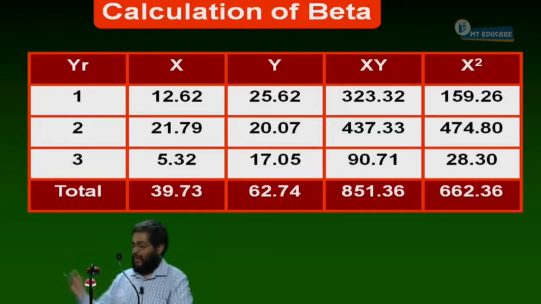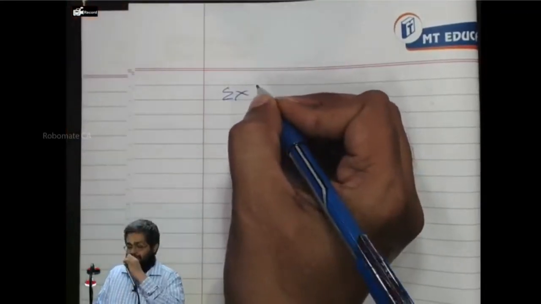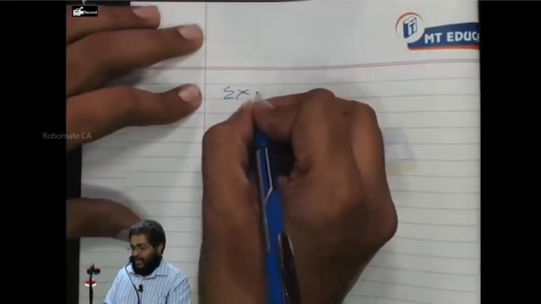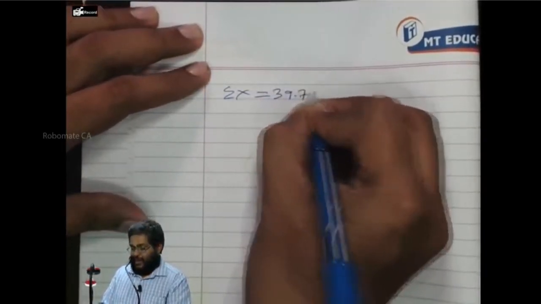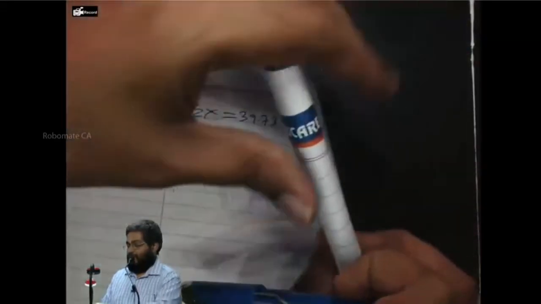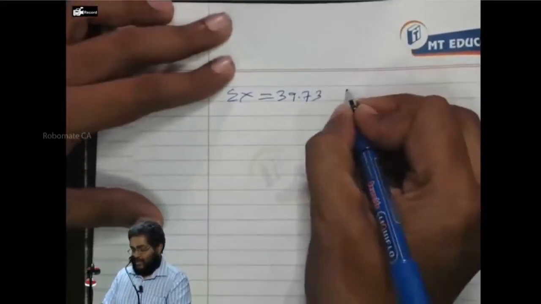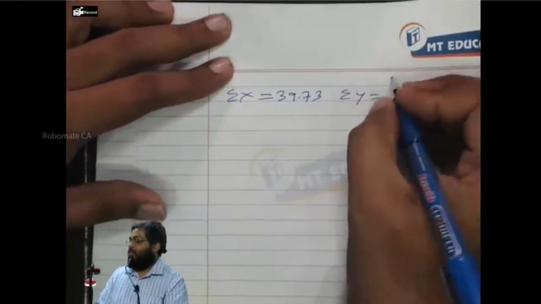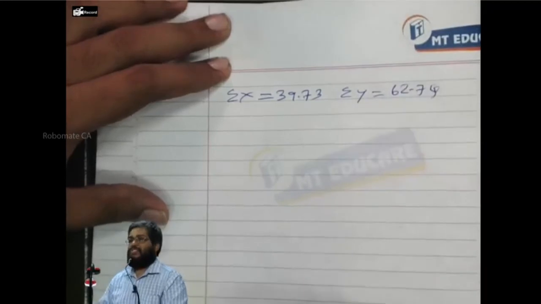You tell me one by one. Sigma x, tell me the number. Sigma x is equal to how much? 39.73. Next, sigma y is equal to how much? 62.74. Now write as it dictates.